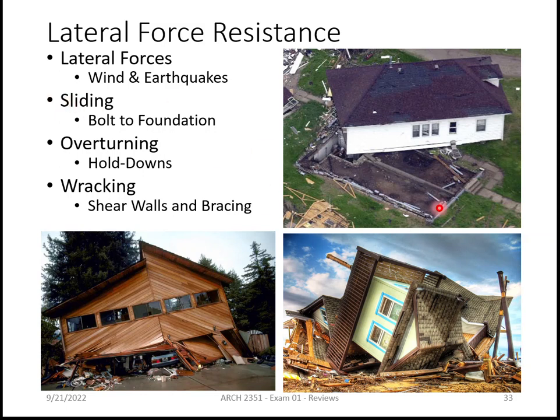So they bolt it to the foundation. That keeps it from sliding. From overturning, okay? Flipping over, right? To do that, we use what are called hold downs, okay? And hold downs run through the whole wall, all the way from the top to the bottom, okay? And they're bolted down, and that'll keep the building from flipping over.